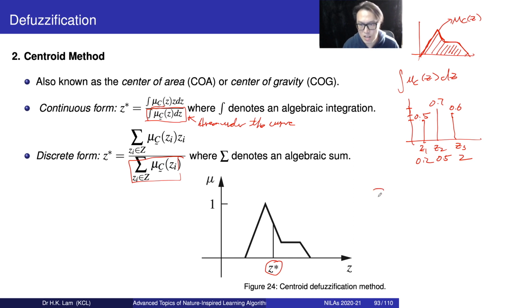So for Z star, we will have 0.5, this value, and then plus 0.7, the next value in the y-axis, and then plus 0.6, that is this one according to this label, that would be mu z z1.